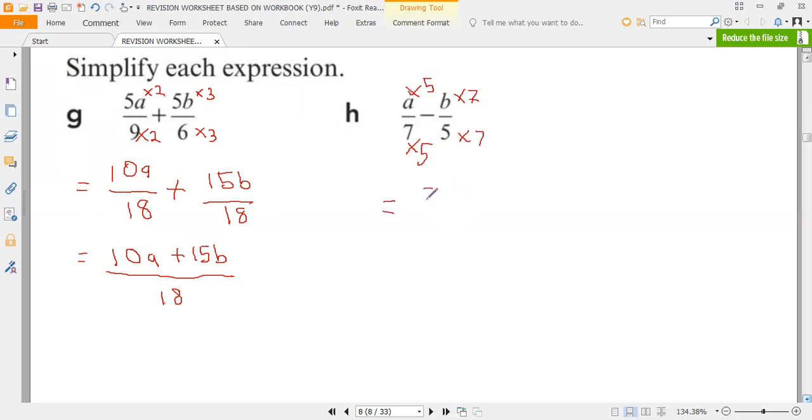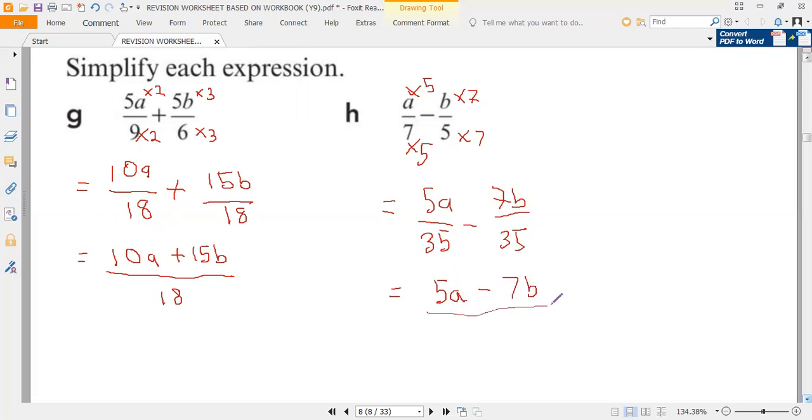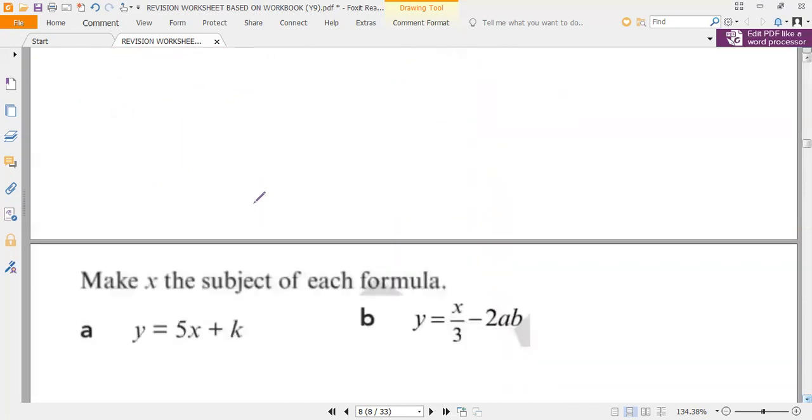New fractions, 5a over 35 minus 7b over 35 equal to 5a minus 7b over 35. You can pause the video whenever you need an explanation or rewind to try to understand it. So make sure you understand each and every question, guys.